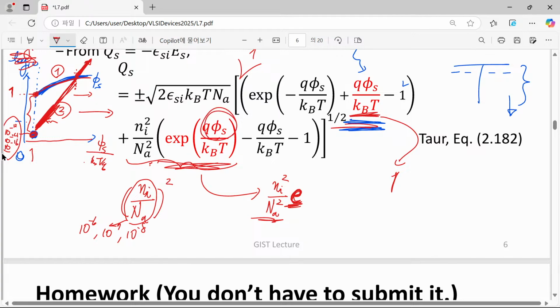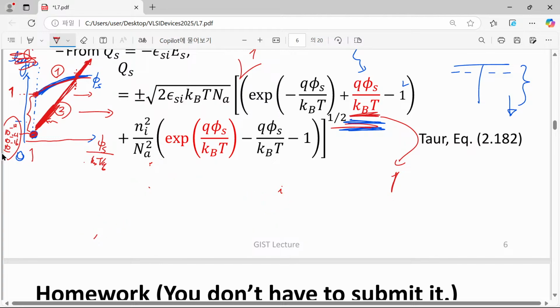Surface potential and gate voltage are different quantities, and we also have to find the conversion from gate voltage into surface potential. How can you do that? By solving the MOS equation, we can do it. So what is the boundary between these two regions?